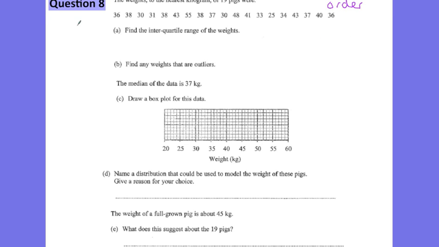So looking for the smallest number here, we have 25, 30, 30, 31, 33, 34, 36, 36, 37, 37, 38, 38, 38, that looks like the mode, 40, 41, 43, 48, and lastly 55.